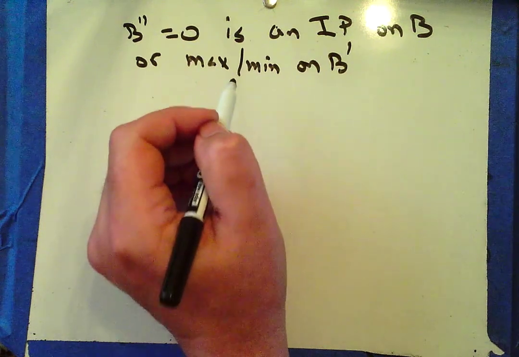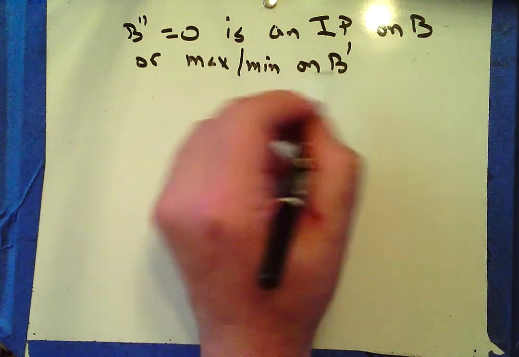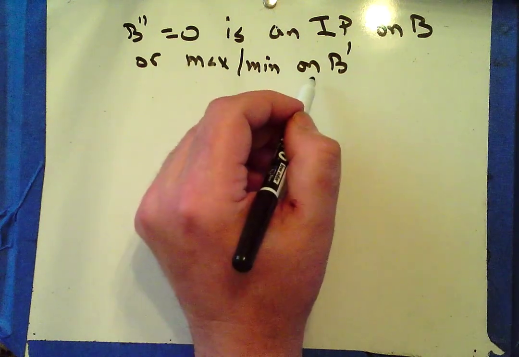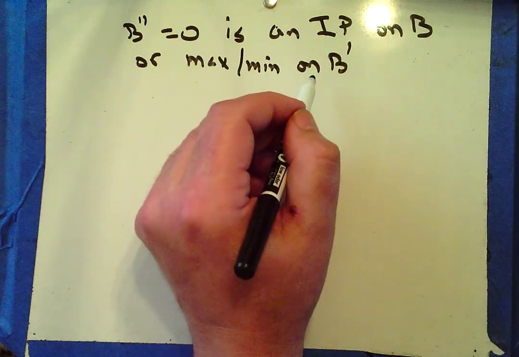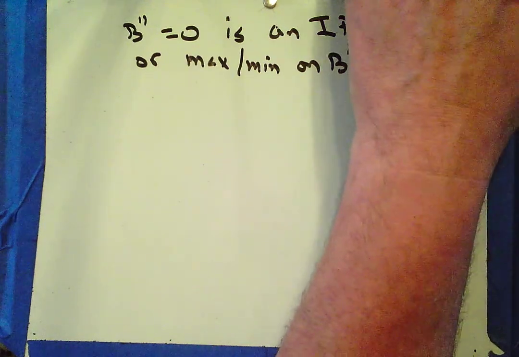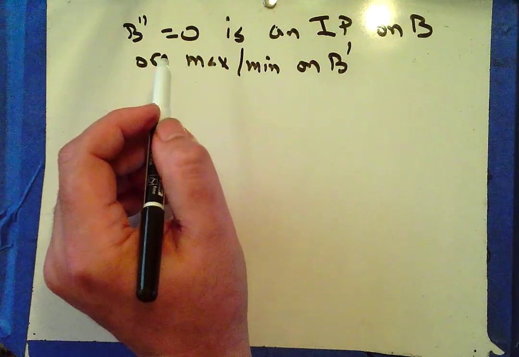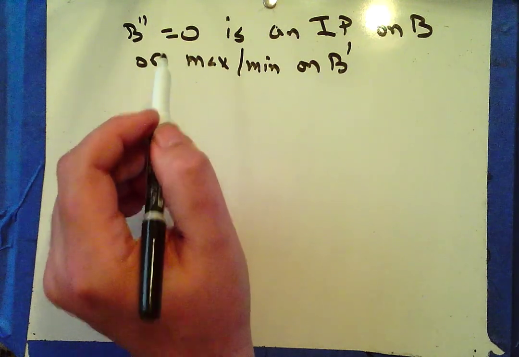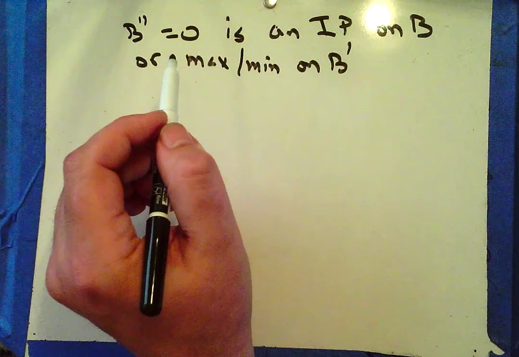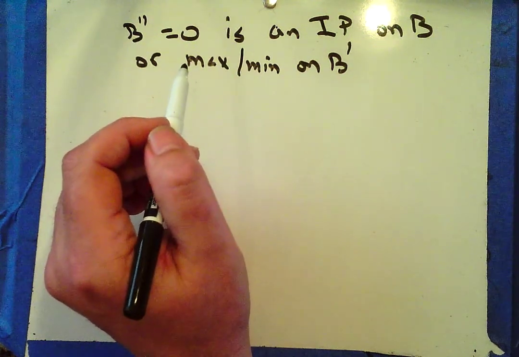So do we change directions on B prime? Does B prime go from increasing to decreasing or decreasing to increasing?